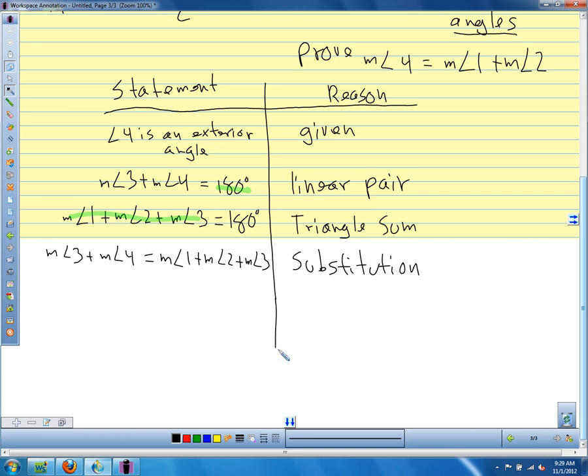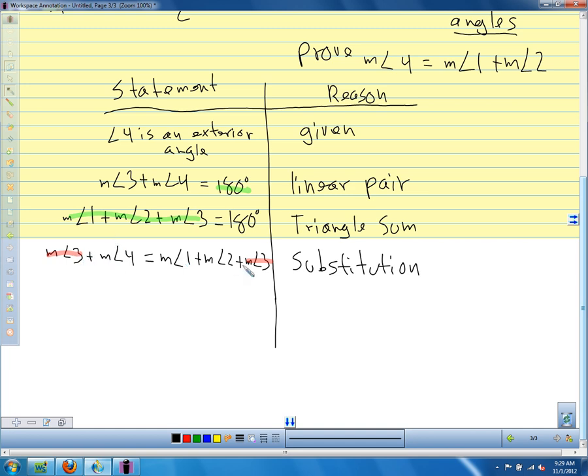Now what thing is on both sides of this equation? What angle? Angle 3. I have an angle 3 here, and I have an angle 3 there. What is it doing on each side of the equation? Adding, subtracting, multiplying, or dividing? It's adding. How do we undo addition? Subtraction.